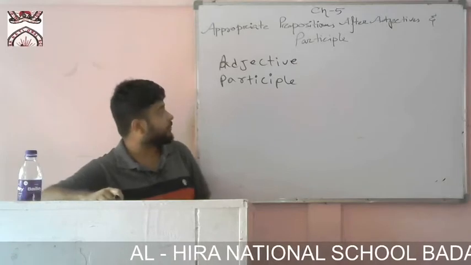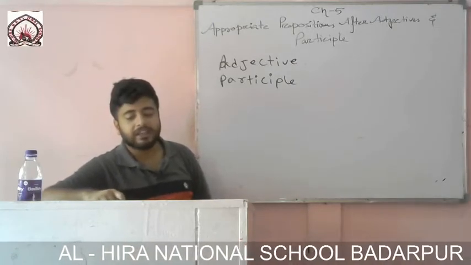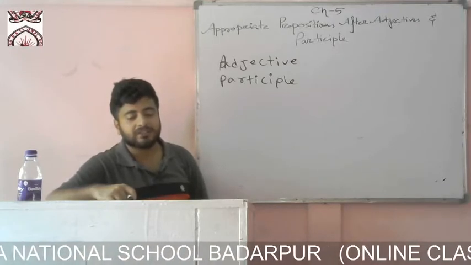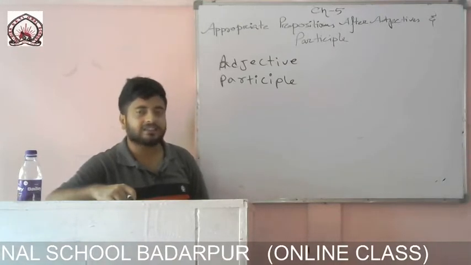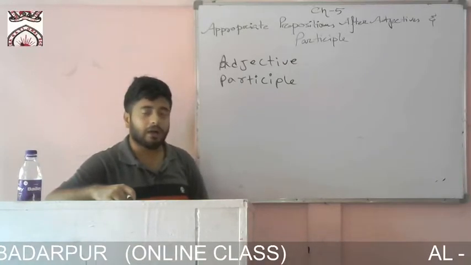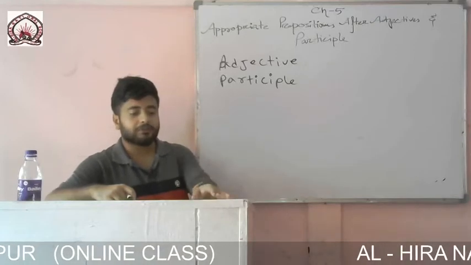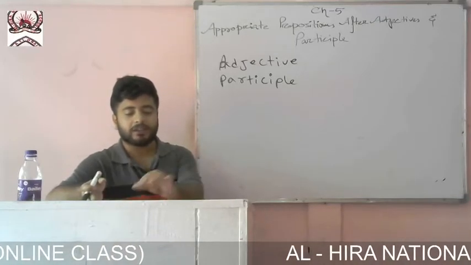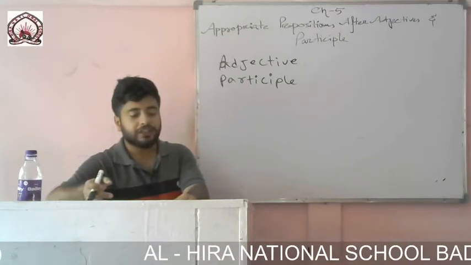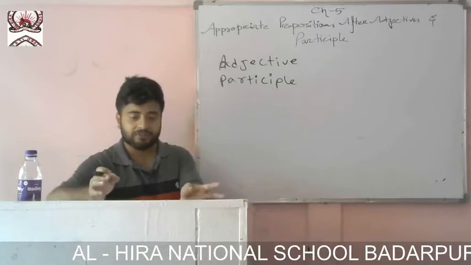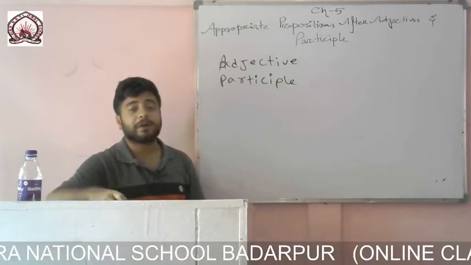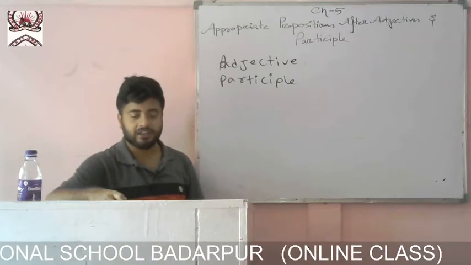Now if I talk about the next one, participle, it is like a verb but works as an adjective. You have one chapter in your syllabus, verbs, non-finite forms: infinitive, gerund and participle. In that I have discussed participle in detail, understood or not?